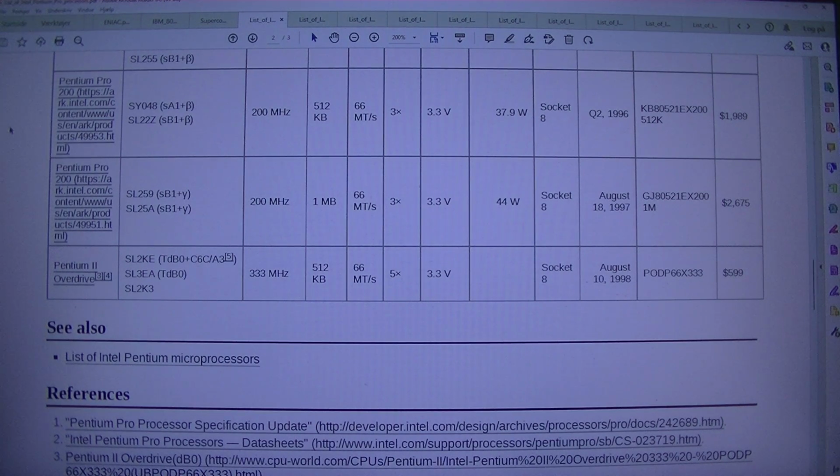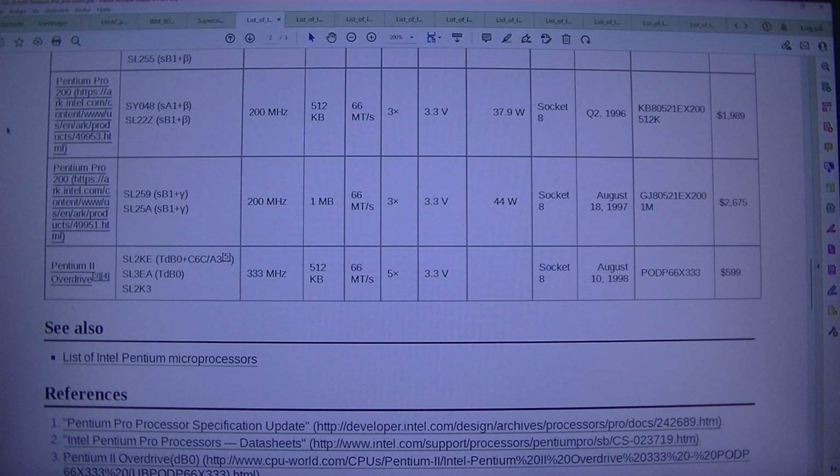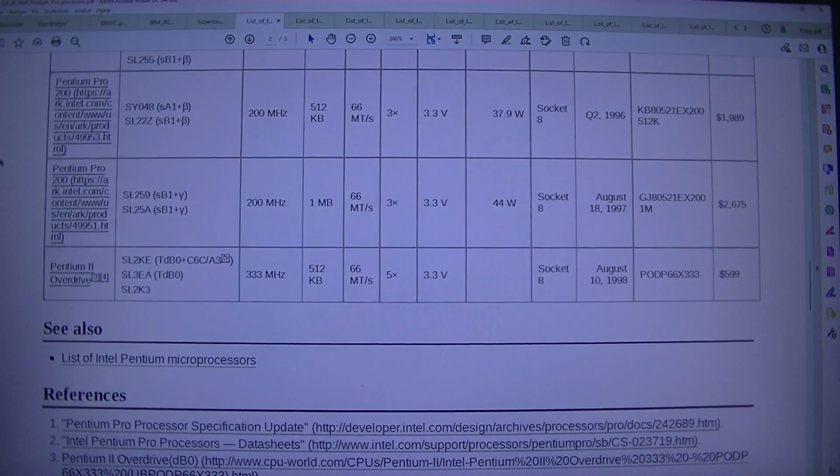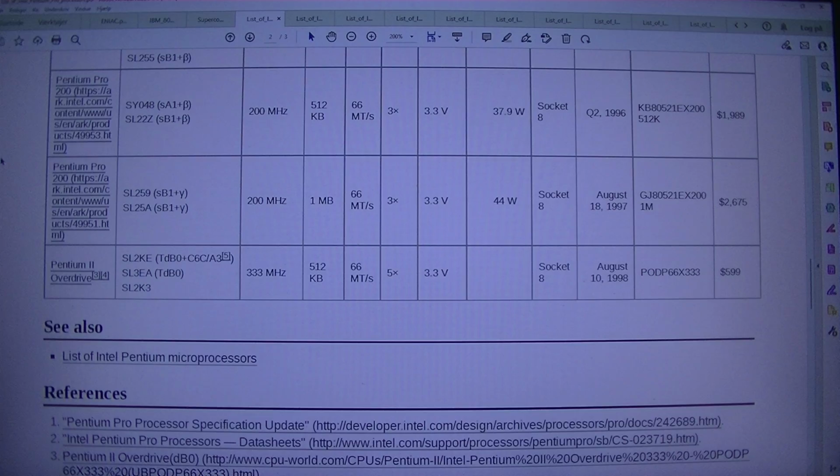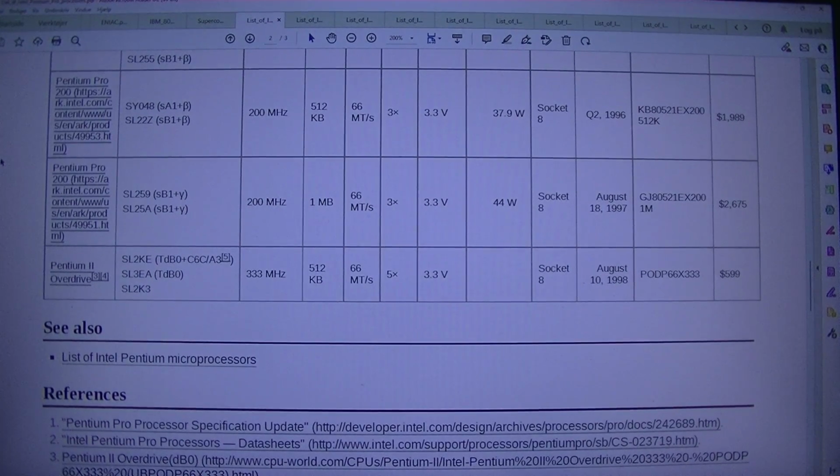Pentium Pro 200: SL259, SB1 plus gamma. SL250, SB1 plus gamma. 200 MHz, 1 MB, 66 MHz bus, multiplier 3, 3.3 V, 44 W, socket 8. August 18, 1997. GJ80521KX2001M.